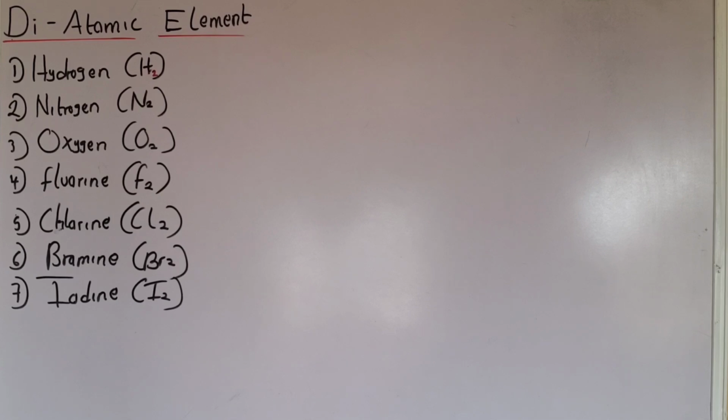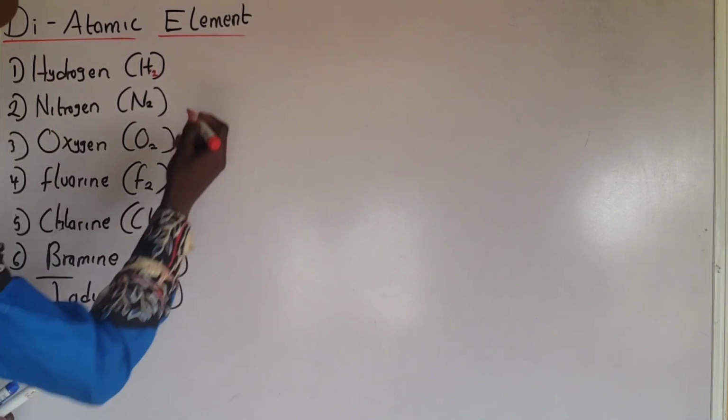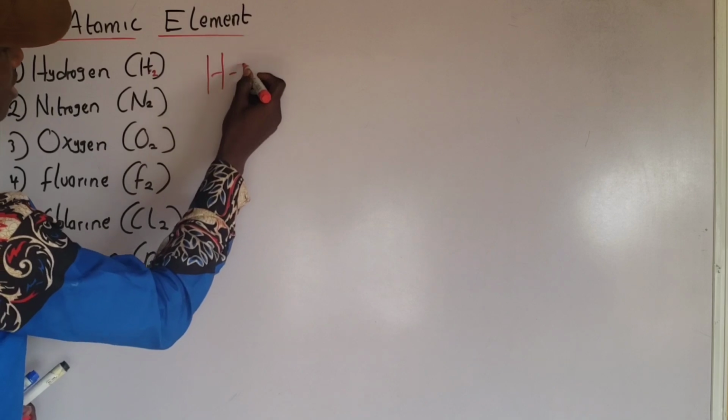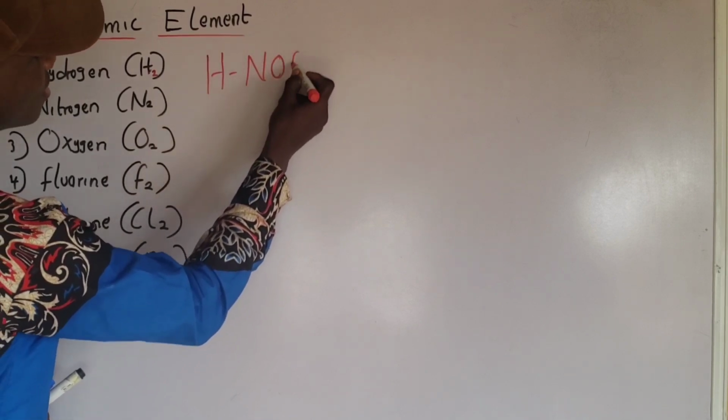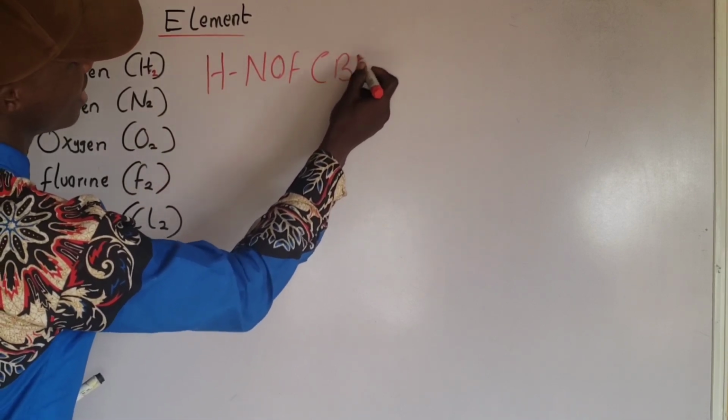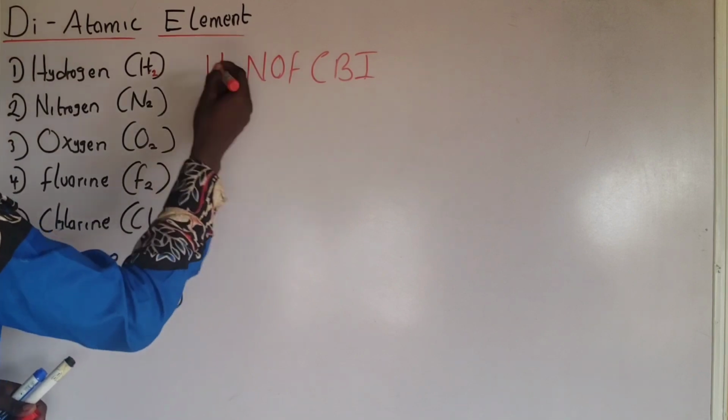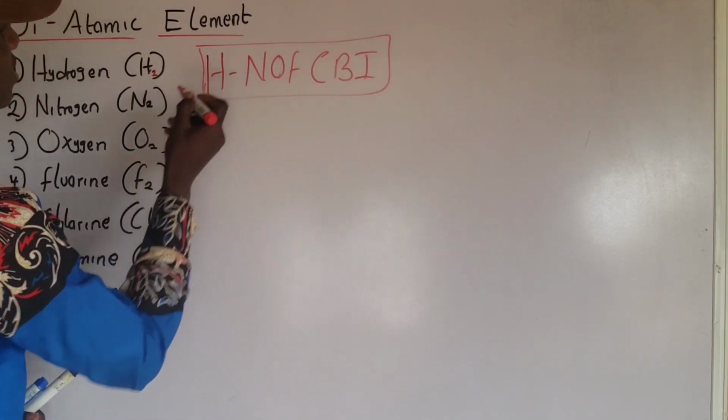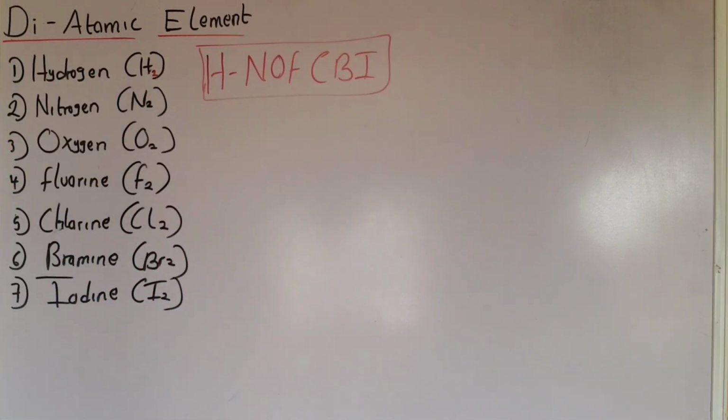Now, you can use this mnemonic device to remember all these diatomic elements. Just use this: H N O F C B I. If you can remember this acronym, you are going to remember all these diatomic elements.